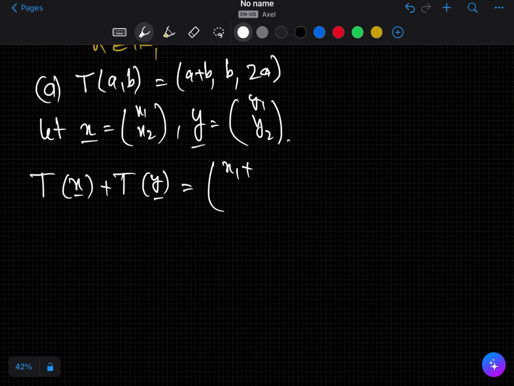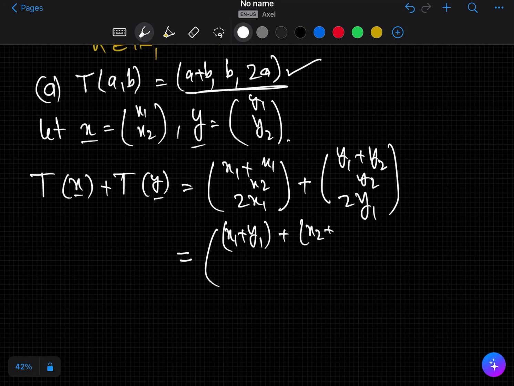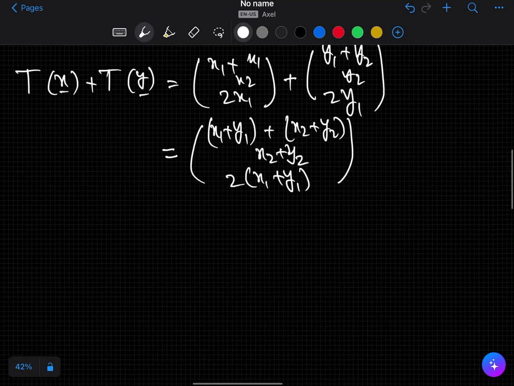We are simply expressing this as given here, by replacing the variables a and b by x1 and x2, and then we do the same by replacing a and b by y1 and y2. So this will give me (x1 plus x2, x2, x1) plus (y1 plus y2, y2, y1).